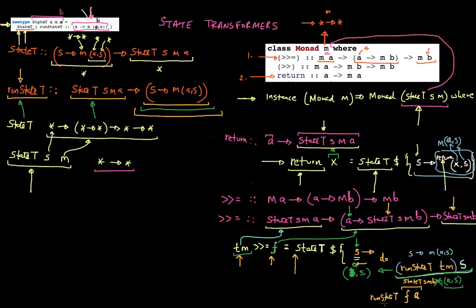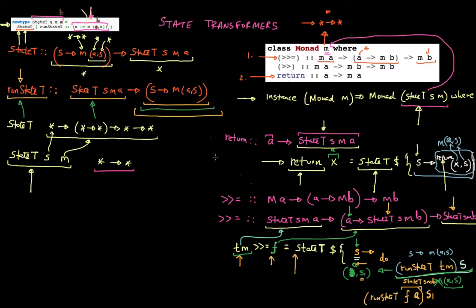So if I take this runStateT (f a), which is this function, I then pass in this new state s1.